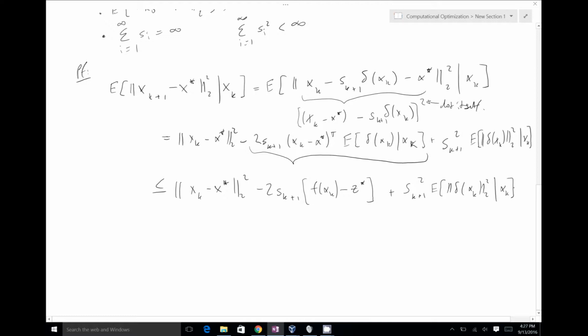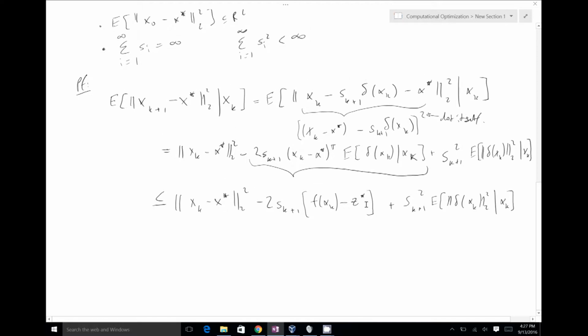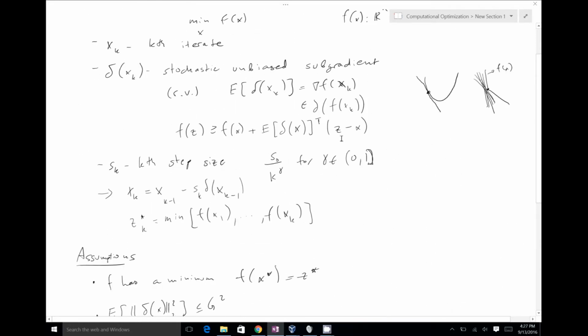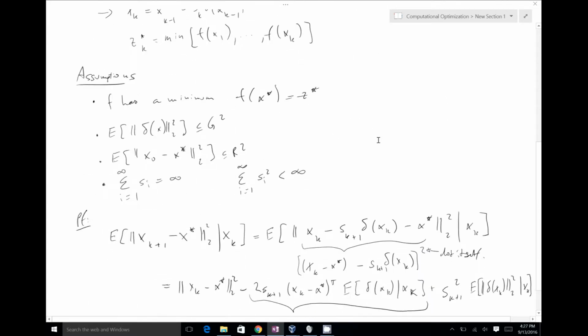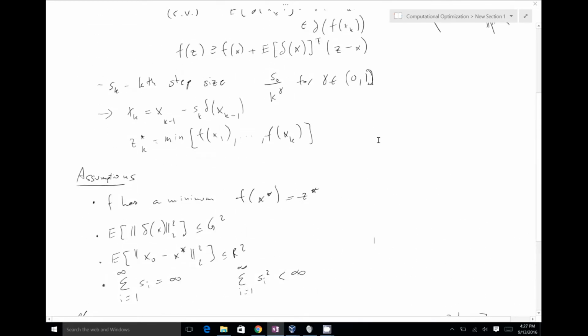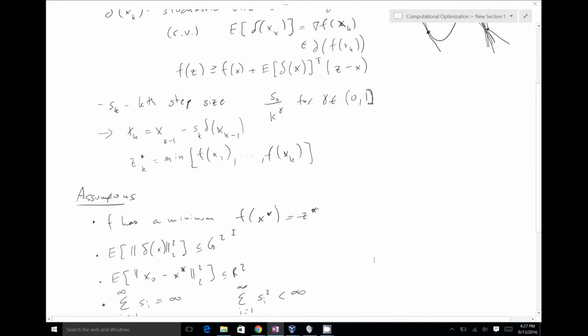Okay, so let's see why I was able to do this. So any ideas? Given this? So z star was defined as f of x star. So that's my optimal location.